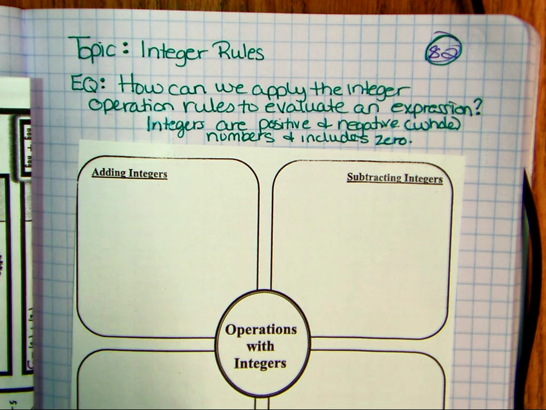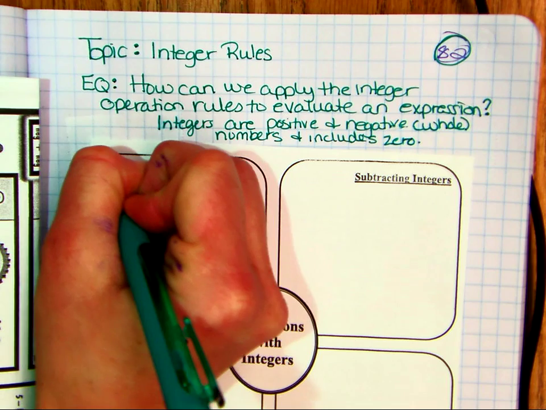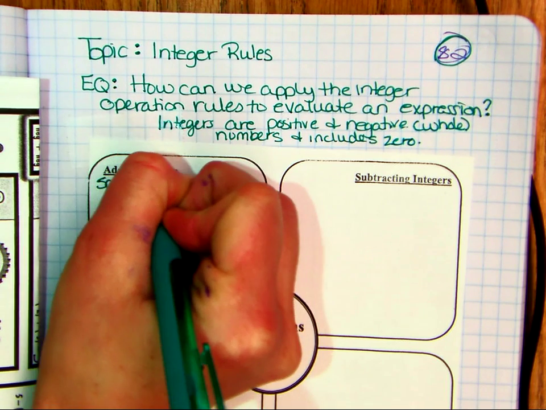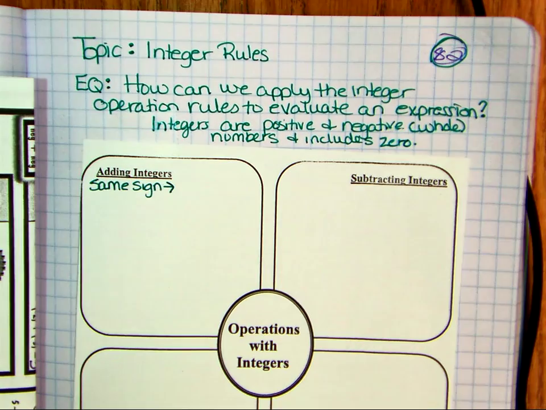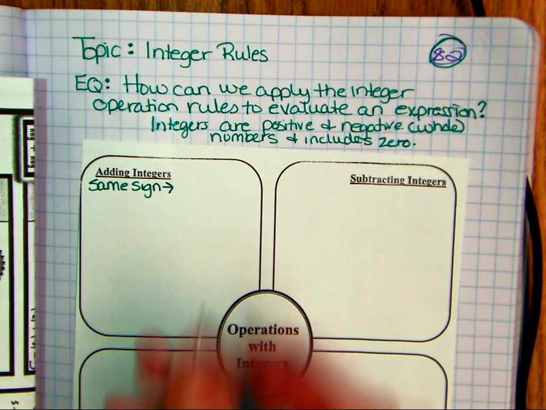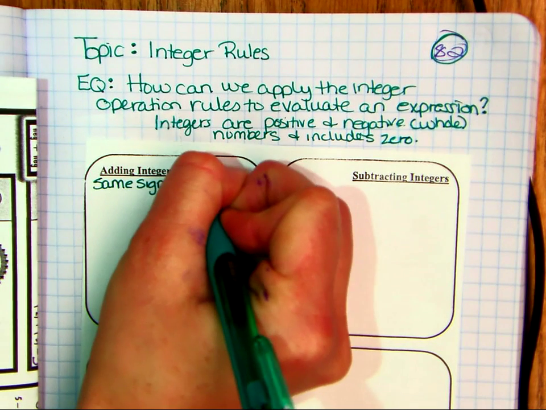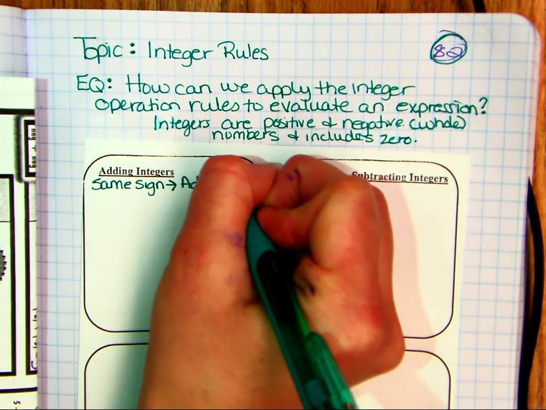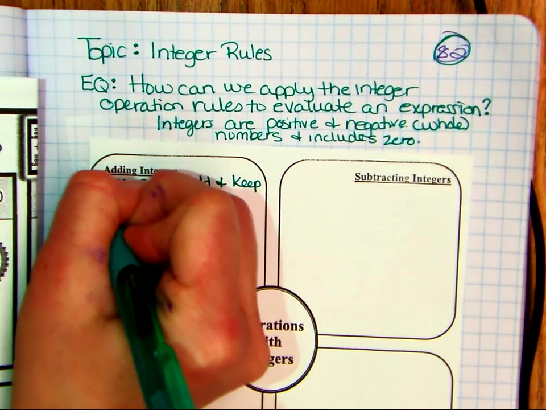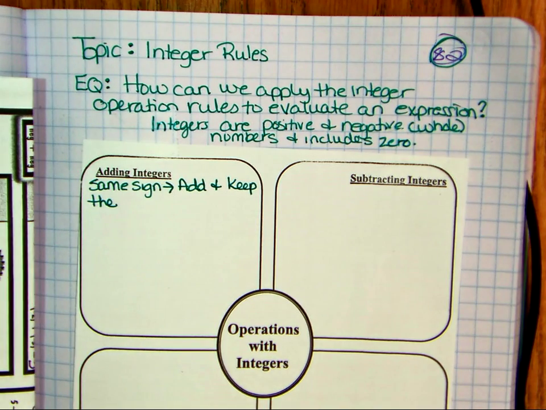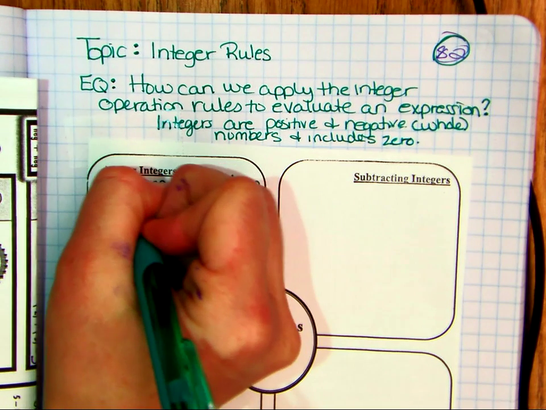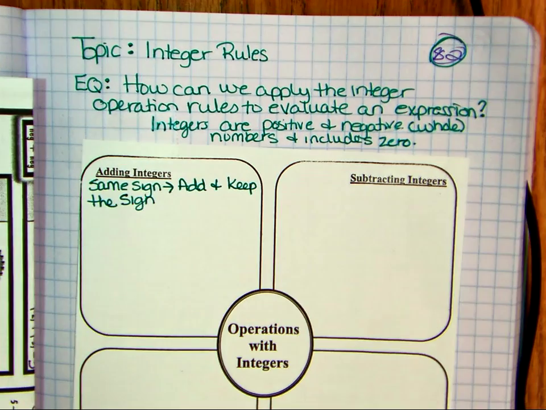In addition, if we have the same sign, meaning both are positive or both are negative, we're going to add and keep the sign. So add and keep the sign.